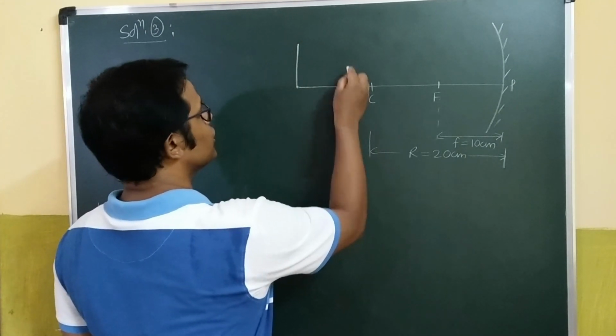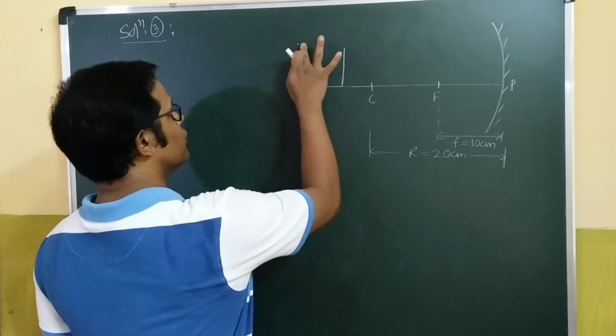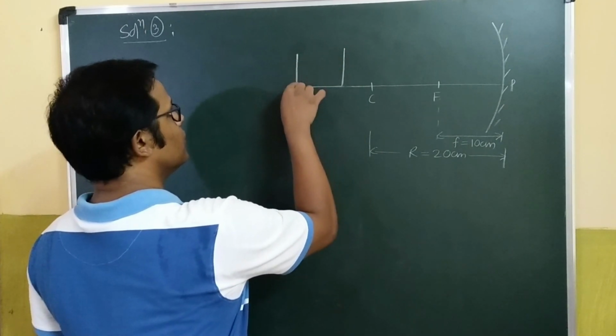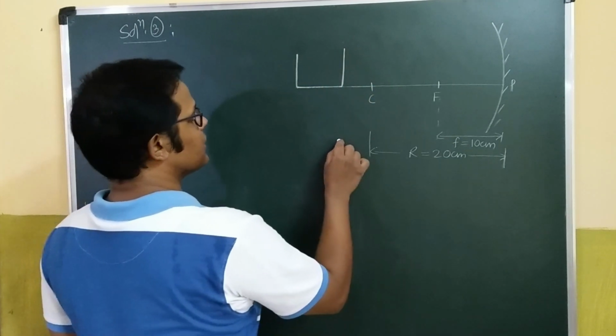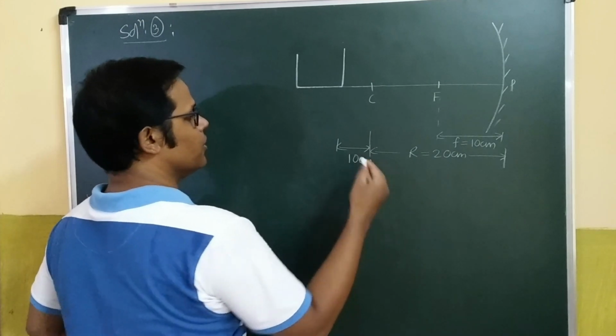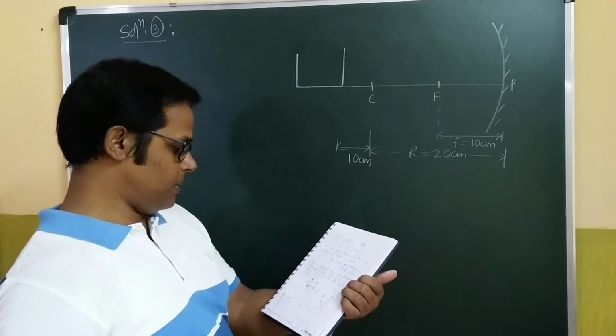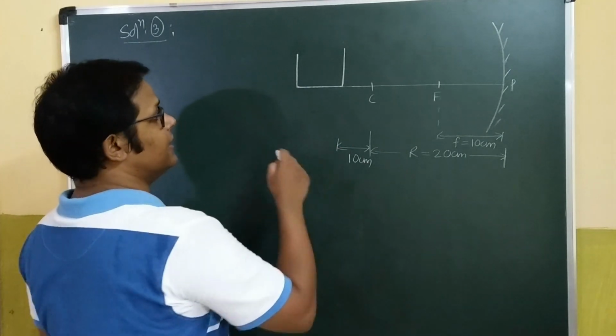This is the U-shaped object of equal length of all the three sides. Okay, this is like extra 10 centimeters given to us. If I'm not wrong, that is 20 plus 10, yeah.